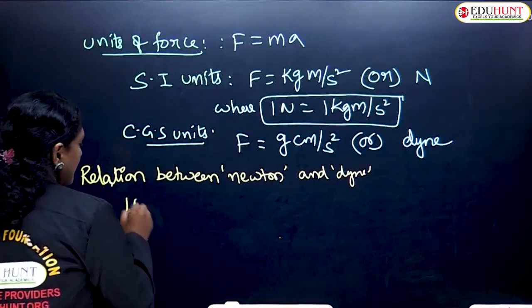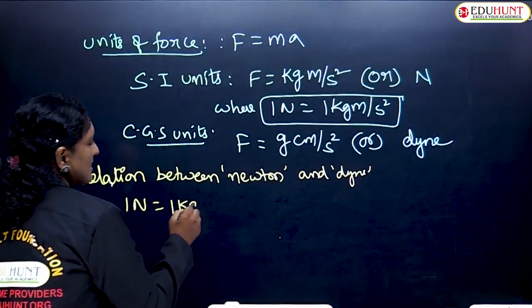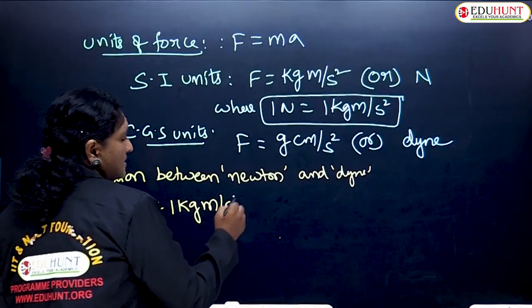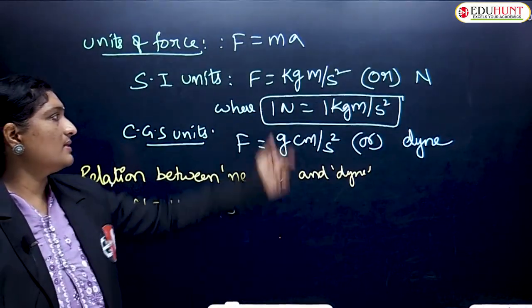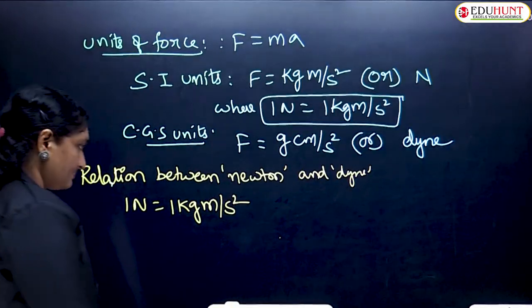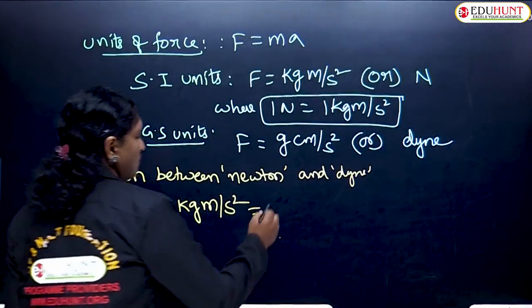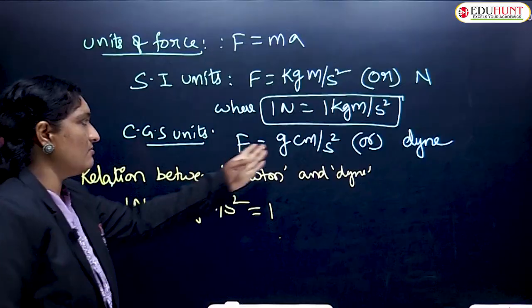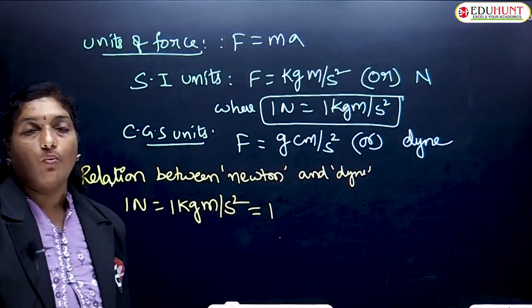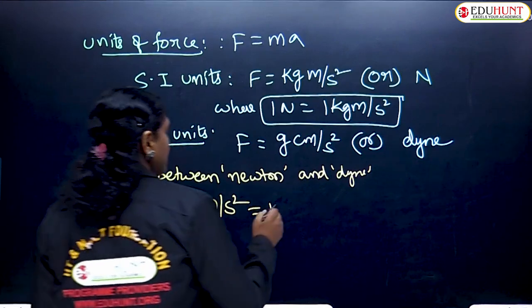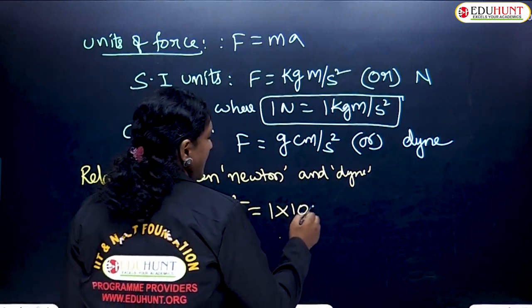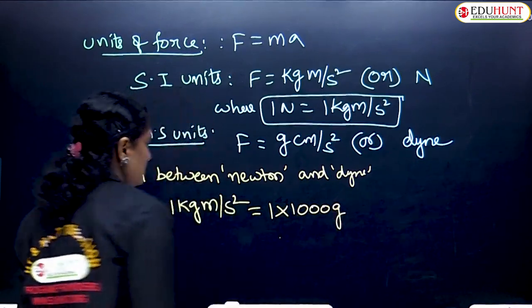We know that 1 Newton can be written as 1 kg meter per second square, isn't it? Instead of kg I would like to convert into grams. 1 kg is how many grams? 1000 grams. So instead of 1 kg I write 1000 grams.